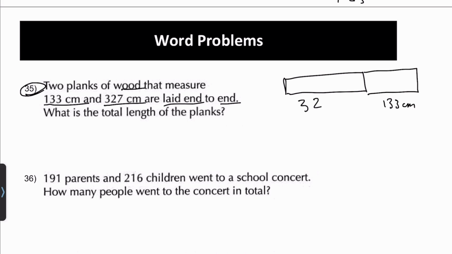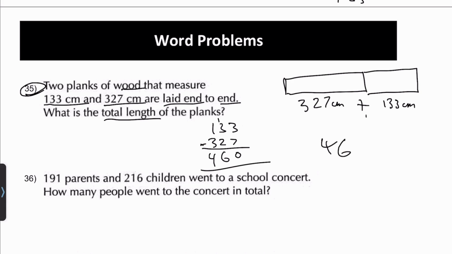This one's 327 centimeters. What's the total length? Obviously we're going to add them. How do you add? You do it like that. Bosh. 7 plus 3, 10. 3 plus 2 is 5, plus 1, 6. 1 plus 3, 4. 460 centimeters.